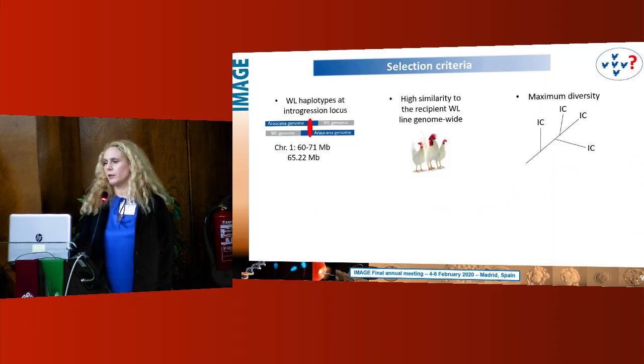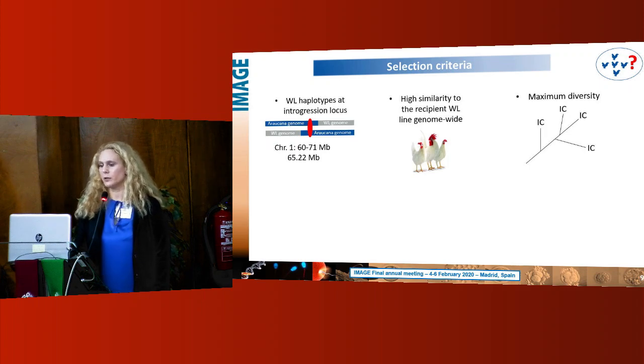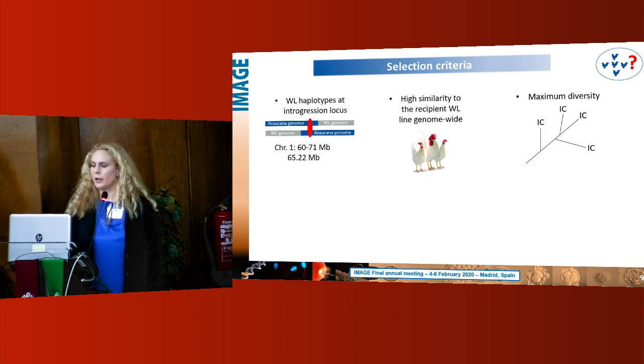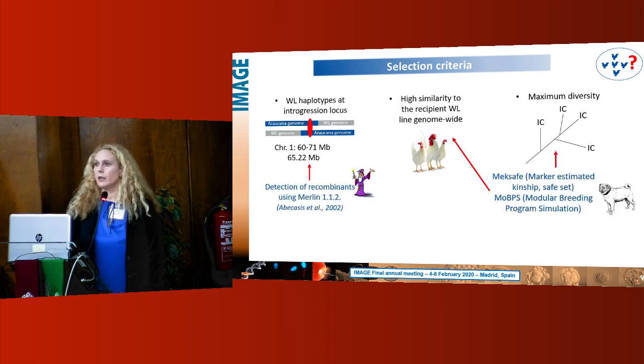Our selection criteria are that we want White Leghorn haplotypes at the introgression locus at first. Then we want a high similarity to the recipient White Leghorn line genome-wide, and also we want a high genetic diversity. Recombinants were detected by Merlin, and other selection steps were done using the programs MaxSafe and MOBS.